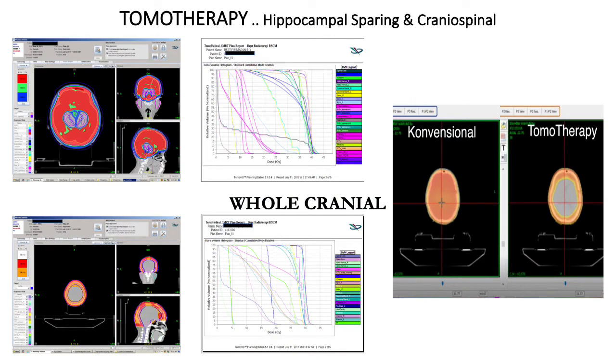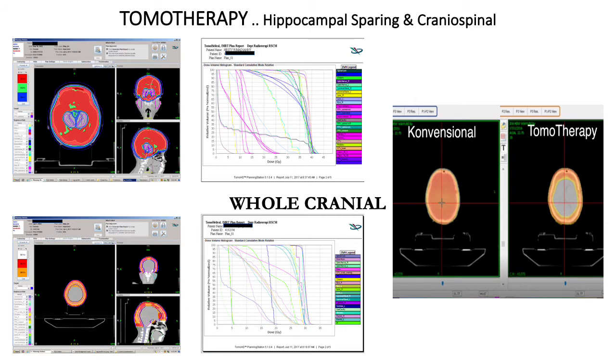This is one of our treatment planning results from our tomotherapy machine, which is capable of producing a remarkable dose distribution. For example, in the upper image on the left-hand side, to irradiate the whole brain, such as in brain metastasis cases, we can protect the hippocampus from radiation exposure because the hippocampus has a very important function in maintaining the patient's quality of life.